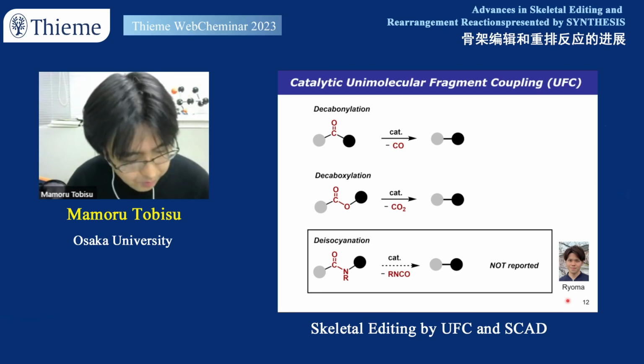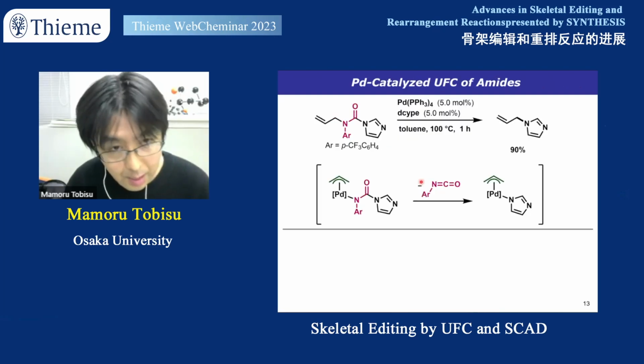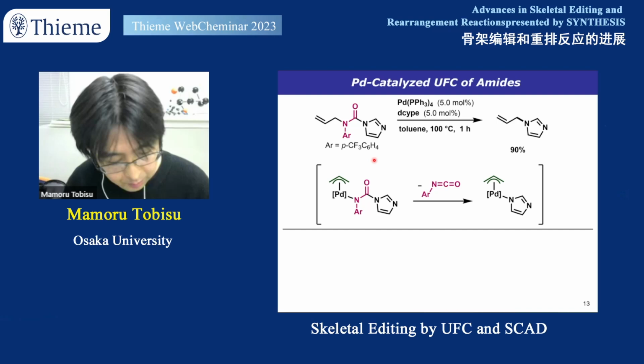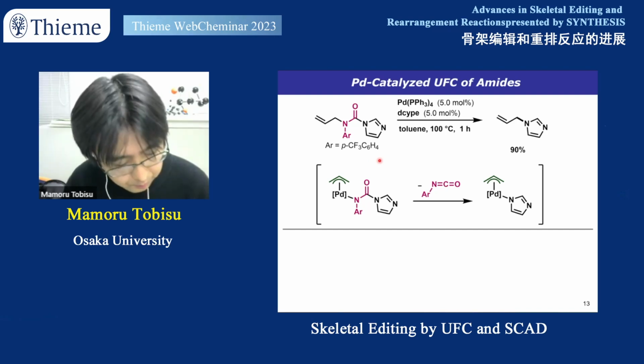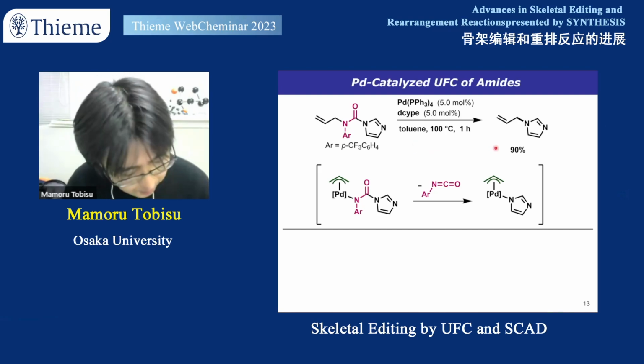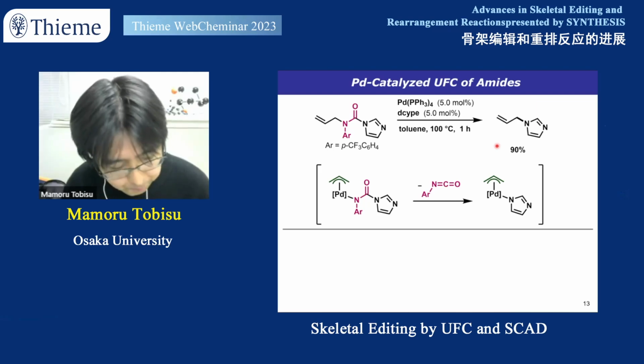Based on the great success of the palladium-catalyzed decarboxylation of allylic esters, we initially investigated the reaction using this urea derivative with an allyl group and an imidazole in the presence of a palladium catalyst, and found that the elimination of isocyanate indeed occurred to form this allylic imidazole.